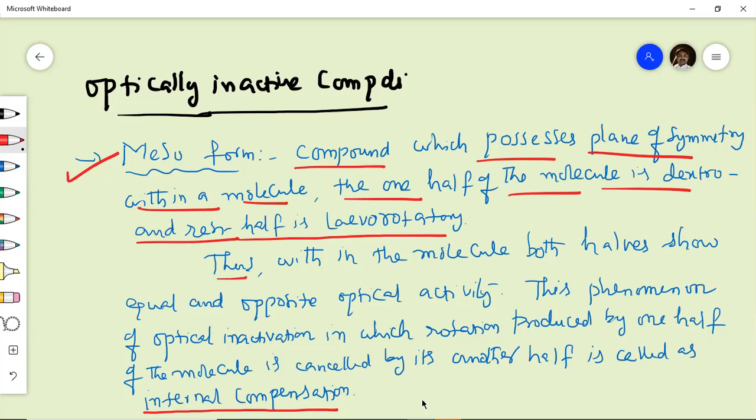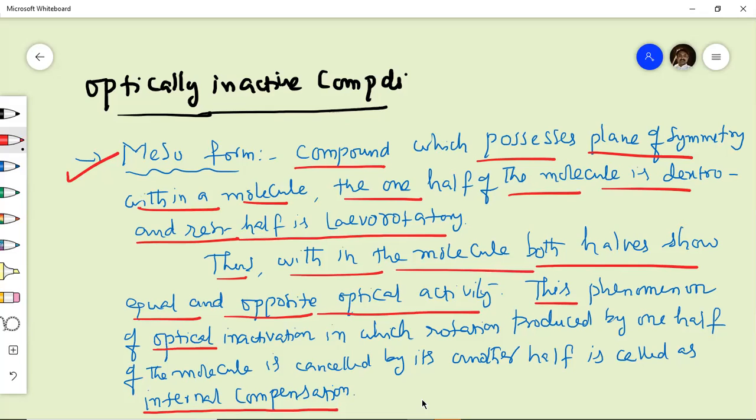Both halves show equal and opposite optical activity, and that phenomenon of optical inactivation is called internal compensation, because the rotation produced by one half of the molecule is cancelled by its other half. So understand what a mesoform is.